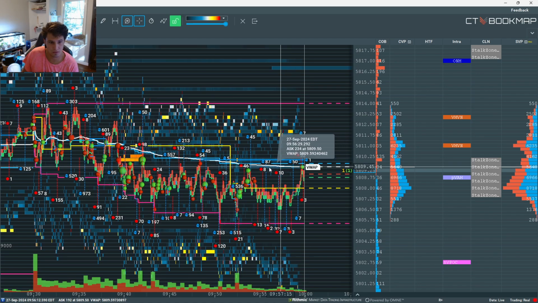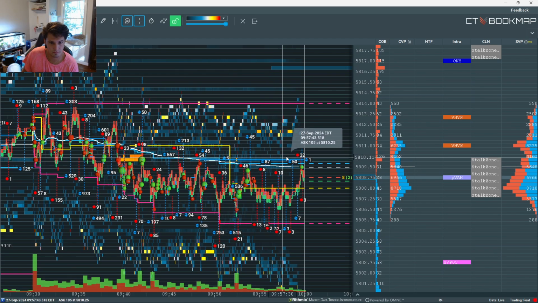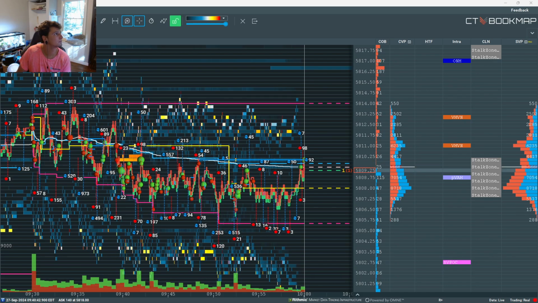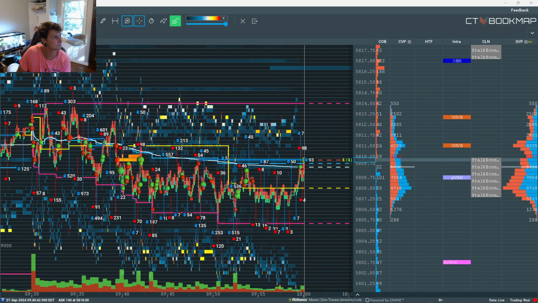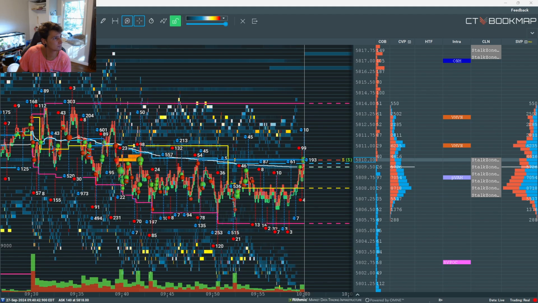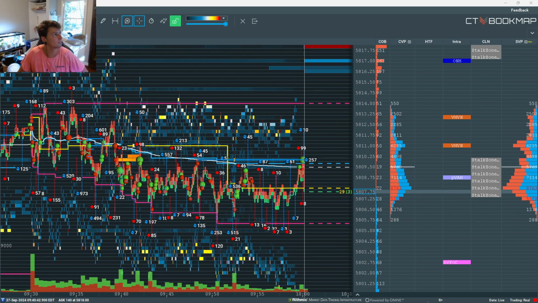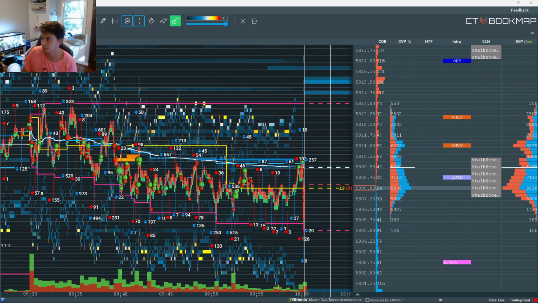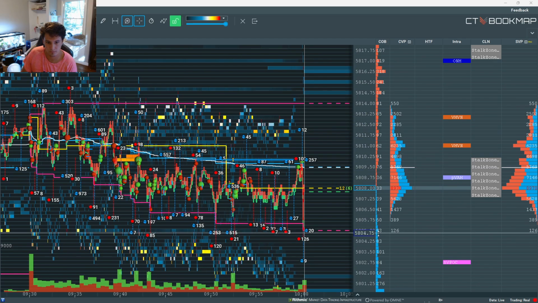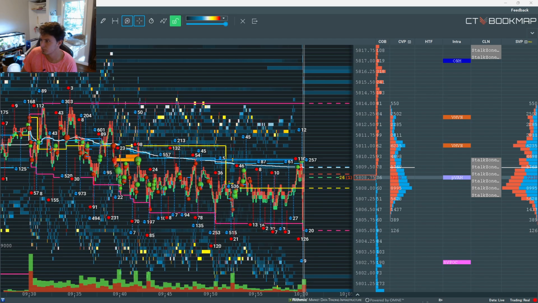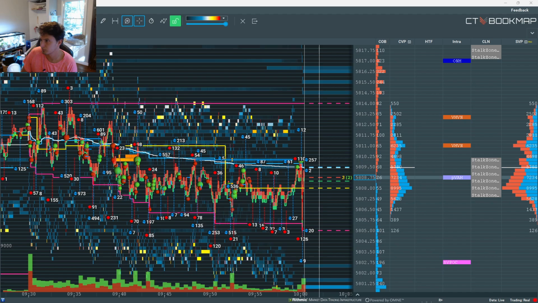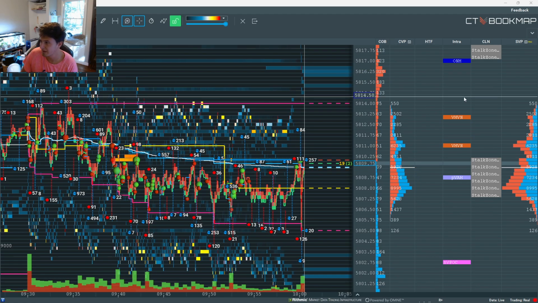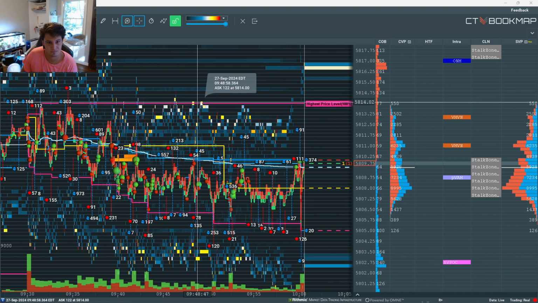Here's a test into this auction. VWAP and mid. Okay. Wow, MES got a real big pop higher into 16. It's interesting.